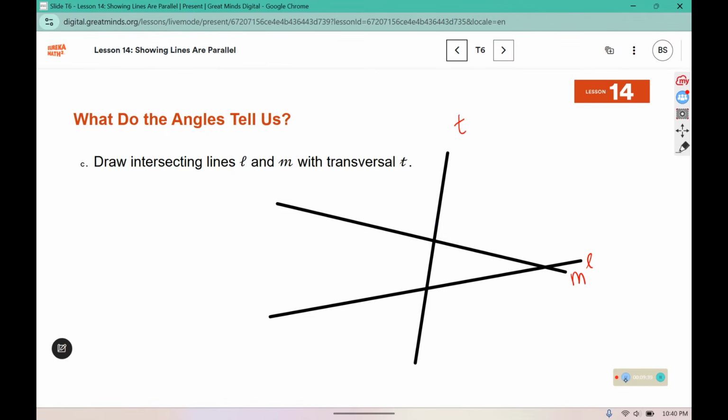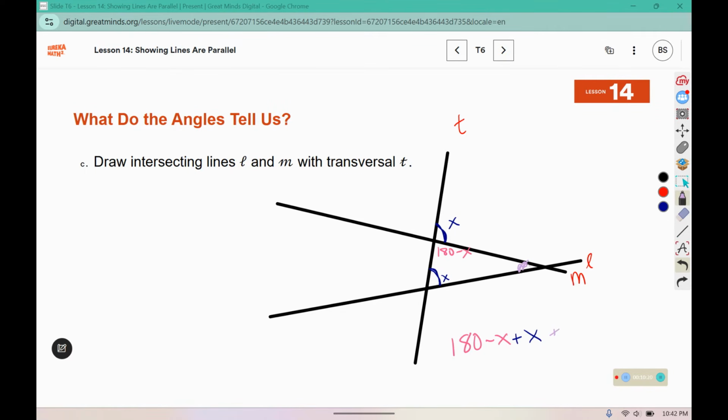For example, these two would be corresponding, so we're going to say, well, what if those are congruent? So let's label both of those with an x. If those are x, then to figure out what this angle is over here, this is a 180, so we can just do 180 minus x. But in yesterday's lesson, we saw that the sum of the angles in a triangle have to add up to 180. So we would have this pink angle plus this blue angle plus something else over here.